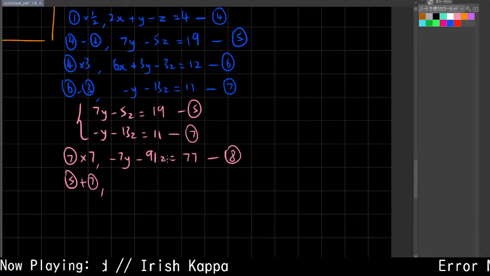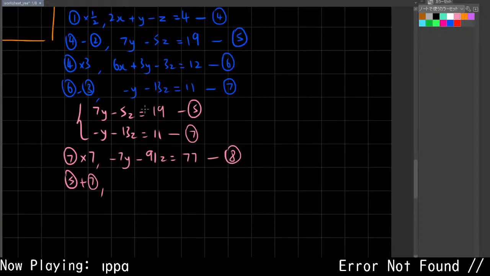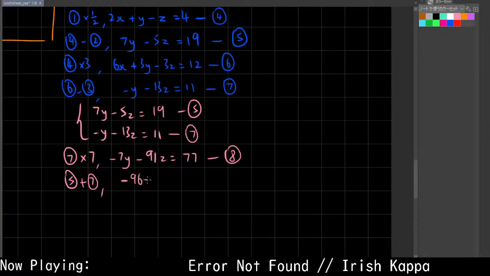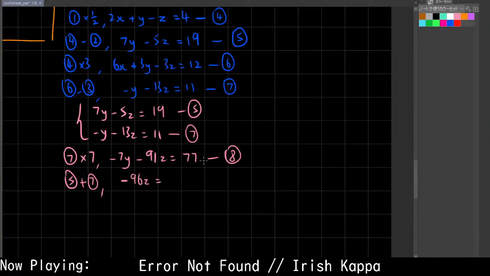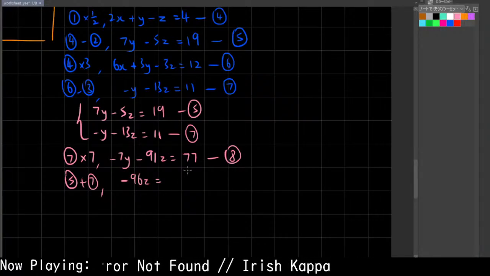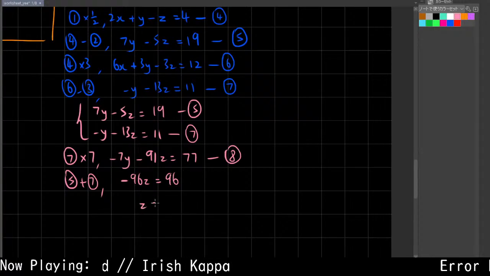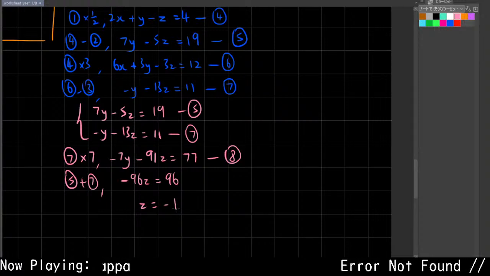Minus 5z minus 91z, minus 96z. 19 plus 77, 96. Yeah. Therefore, if you bring it over to the right, I get z equals to -1.